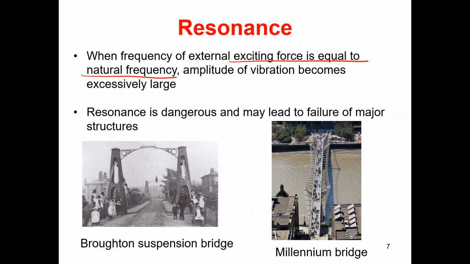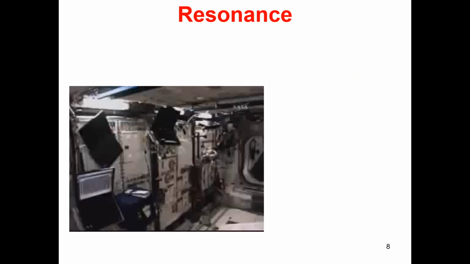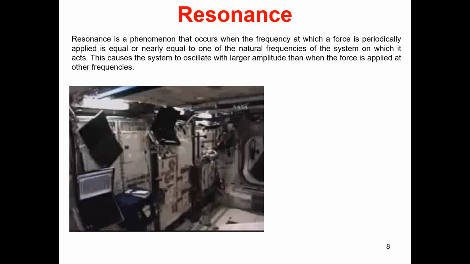So the architects and the civil engineers didn't take that into account when designing the bridge. As you can see, resonance can be very dangerous and sometimes fatal, and we always have to keep that in mind.